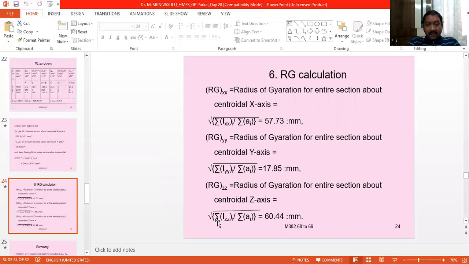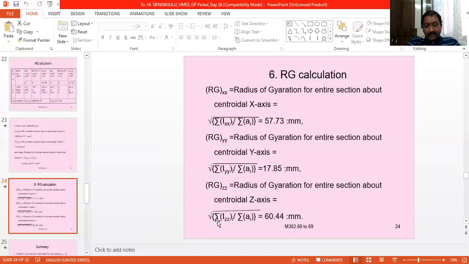And the radius of gyration about the y-axis, ky, is equal to the square root of Iyy by sigma A. It is equal to 17.85 millimeters, and the radius of gyration about the z-axis, kz, is equal to the square root of Izz by sigma A. It is equal to 60.44 millimeters.